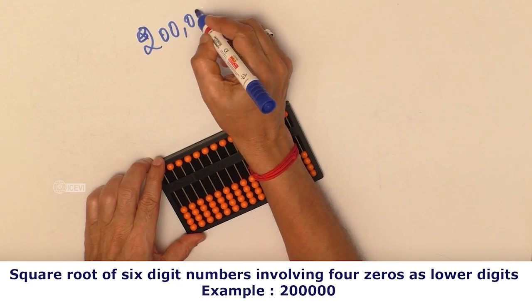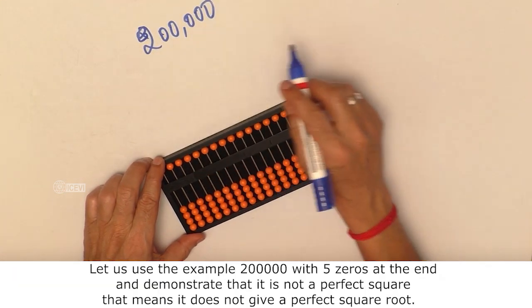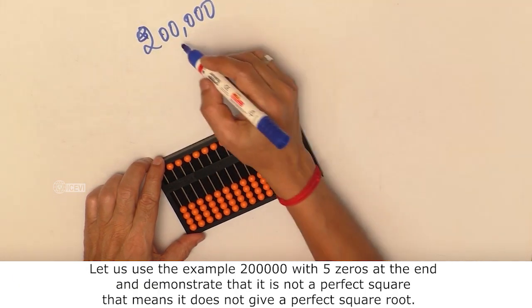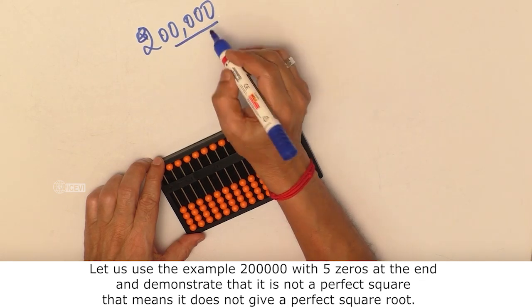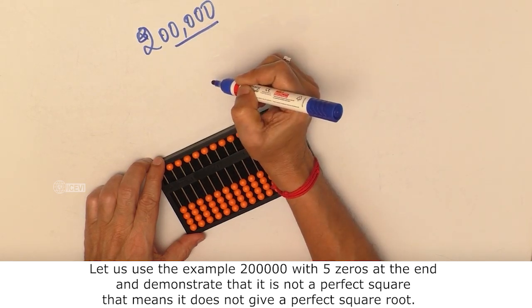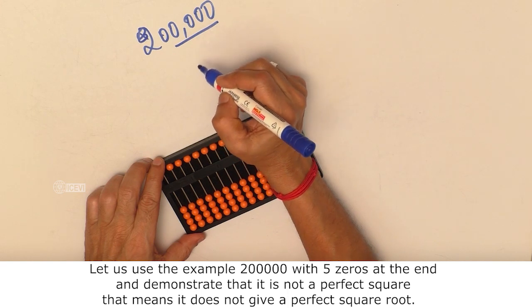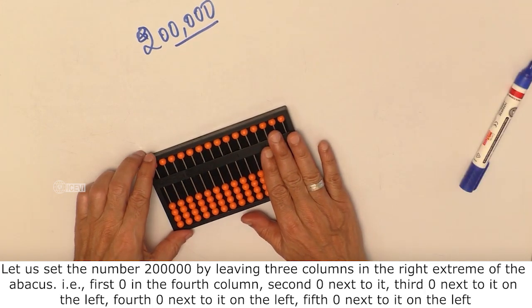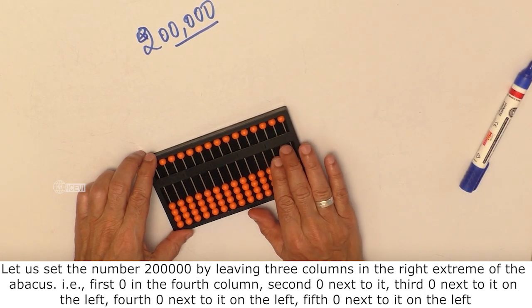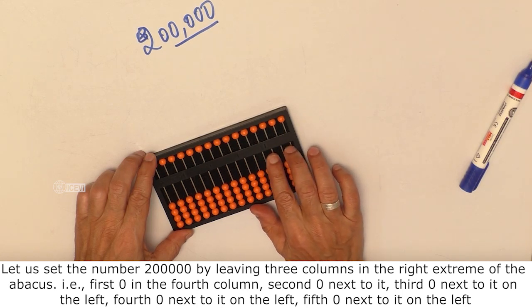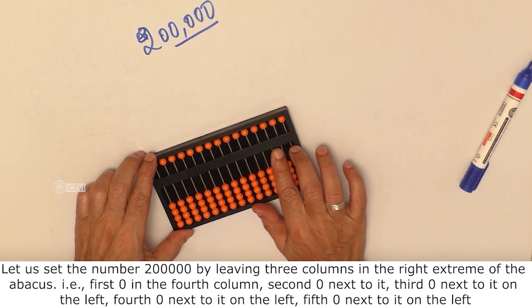200,000. Let us use this example, 200,000 with 5 zeros at the end, and demonstrate that it is not a perfect square. That means it does not give a round square root. Let us set the number 200,000 by leaving 3 columns in the right extreme of the abacus.